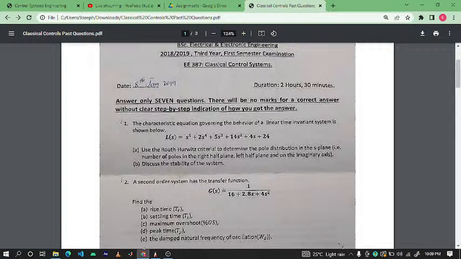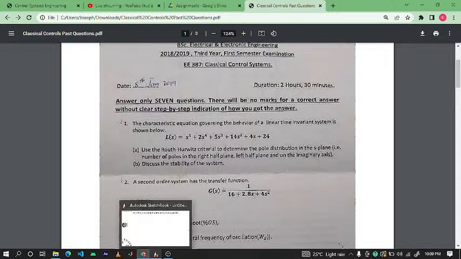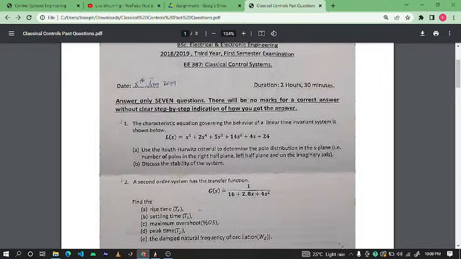A second order system has the transfer function G of s equals what we have here, and I'm supposed to find these terms. The first thing you have to do is look at the equation. It wasn't given to you in the standard form, because in the standard form, the s squared doesn't have a coefficient. So let me rewrite the question.